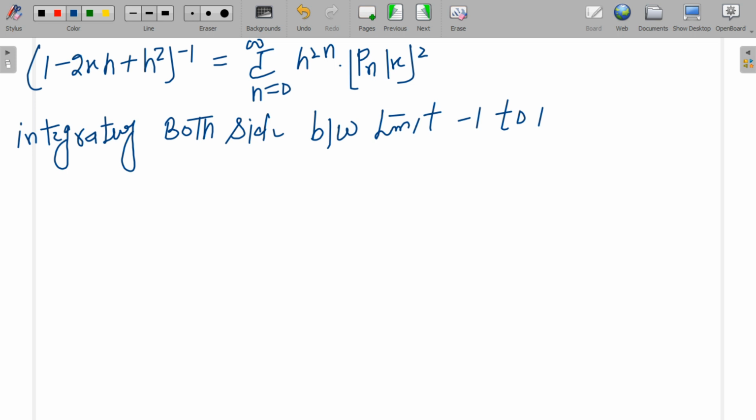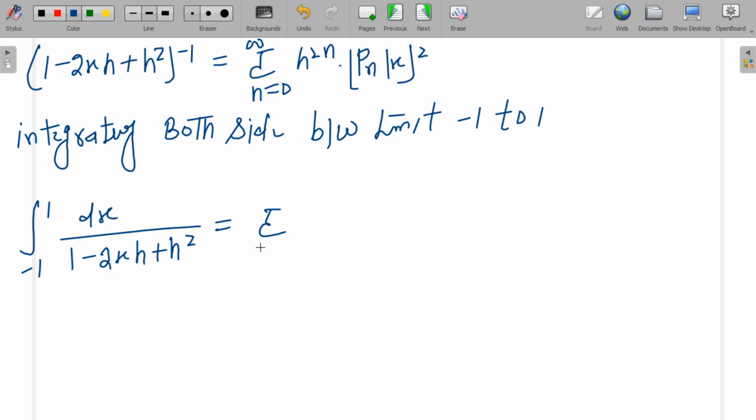The left hand side is the integration from -1 to 1 of dx divided by (1 - 2xh + h²), is equal to the summation from n = 0 to infinity of the integration from -1 to 1 of h to the power 2n into Pn(x) squared into dx.